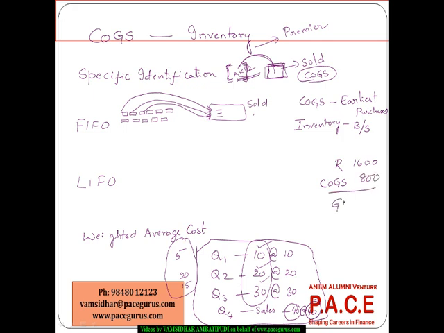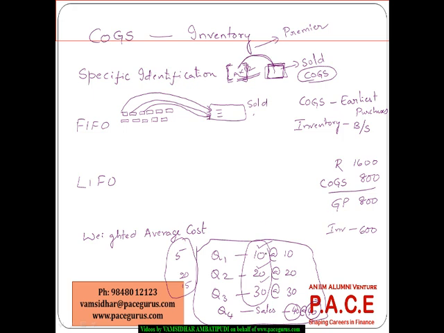So my gross profit comes out to 800 here, and my inventory in the balance sheet will contain the remaining 20. So here it is the remaining 20 at 30 bucks. So my inventory is showing around 600. So this is what happens as a part of FIFO.